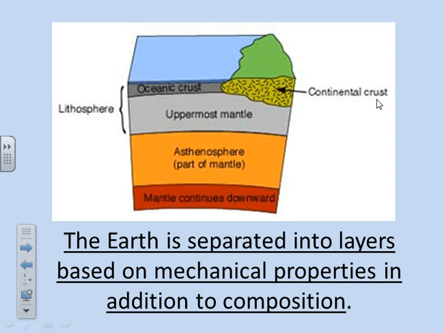Okay, so scientists separate those layers based on how they move and what they're made of. And once again, the graphic will show you the different layers of the Earth.